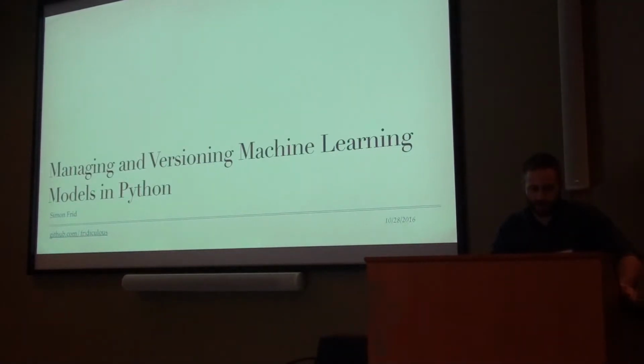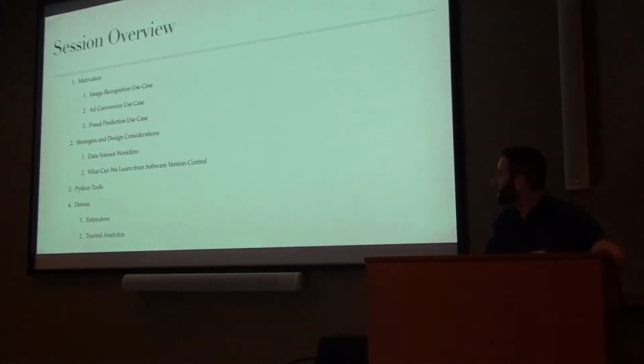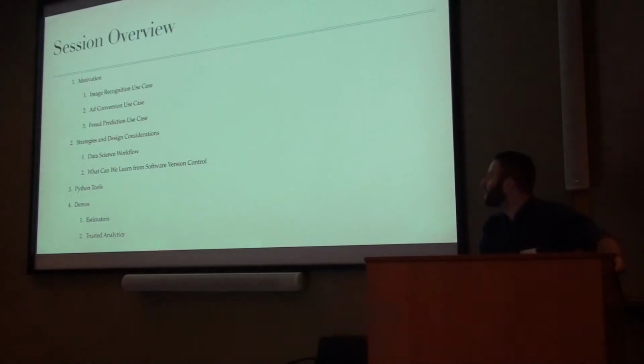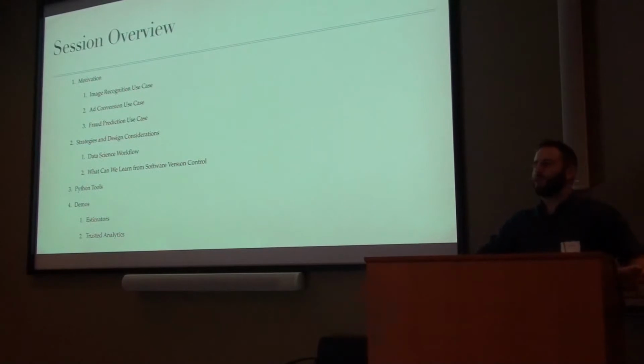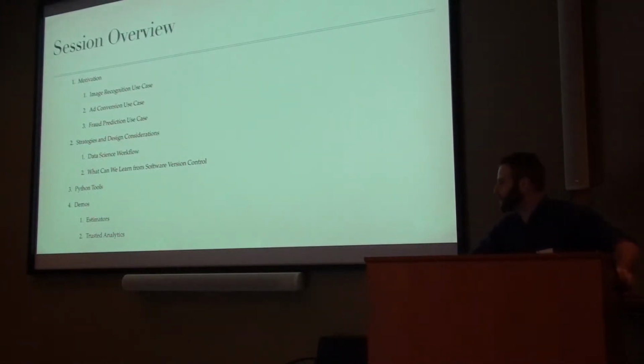All right, so this is the general overview of the session. So if you're still not sure what you're doing here, you can still get out. In the beginning, I'll be talking about 3 general use cases that explain what are the types of problems we see in production, and then we'll get into what are the strategies and the design considerations around understanding what is managing models, what does that even mean, and maybe look at parallels in software version control.